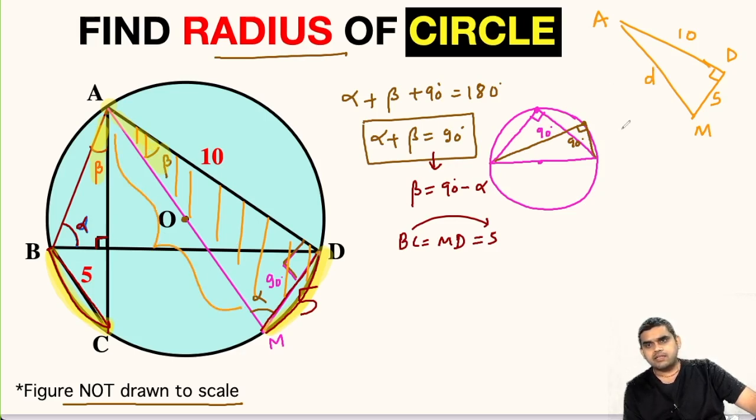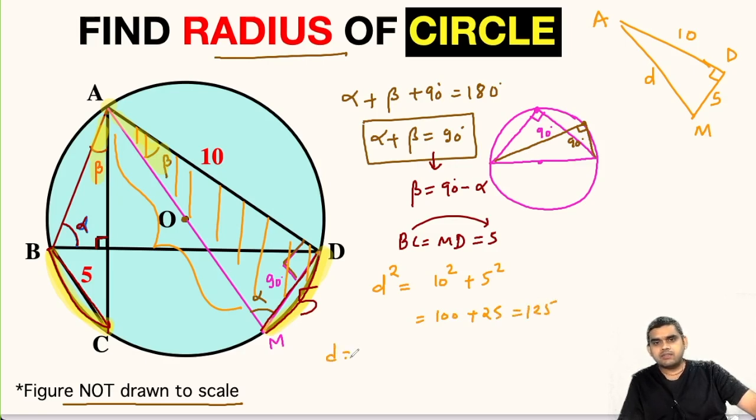So this can be written as a small d. We can use the Pythagorean theorem here. So diameter square will be equal to 10 squared plus 5 square. So this will be 100 plus 25, that is 125. So d will be square root of 125, that is 5 root 5 units.